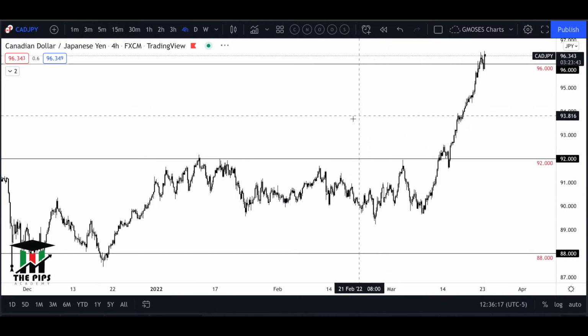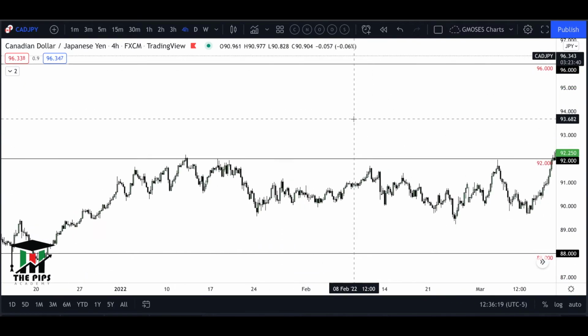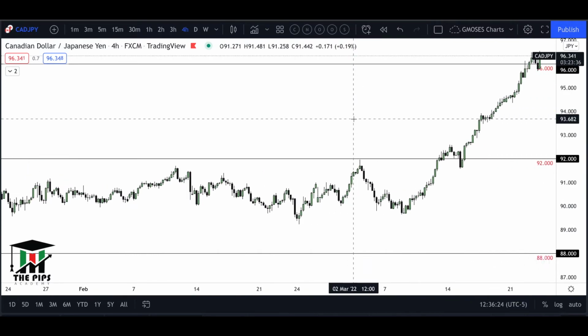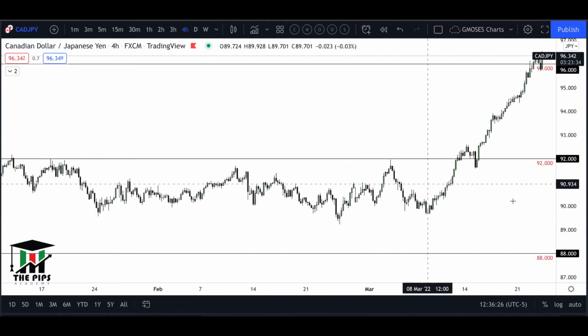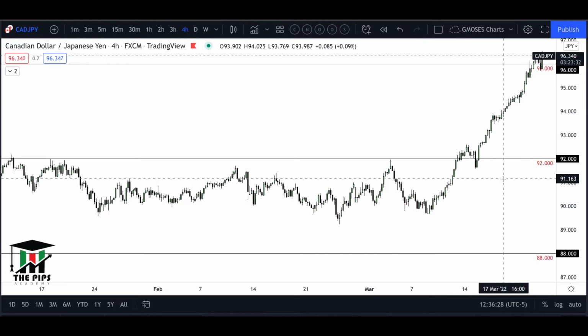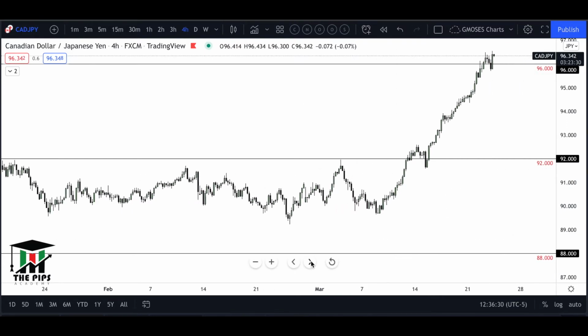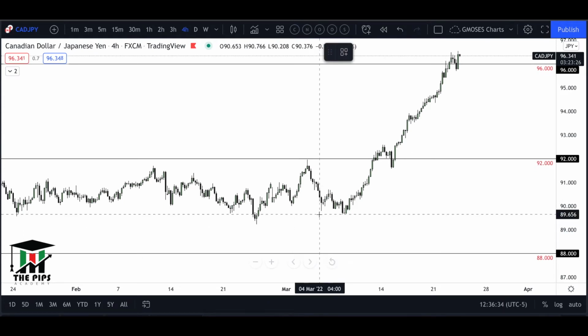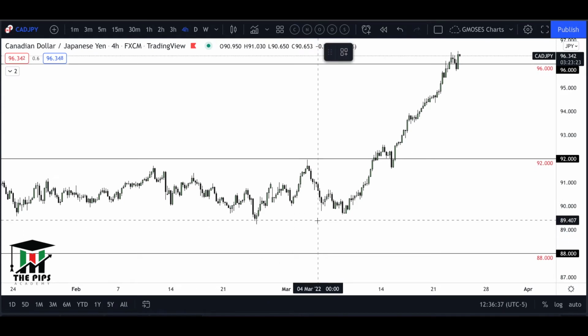Okay, so as we're looking at this 4-hour time frame, we can tell that price is actually respecting other levels in between here. So what we can do, we can start to look at other levels to plot some areas for support and resistance and actually trade 100 pips at a time.